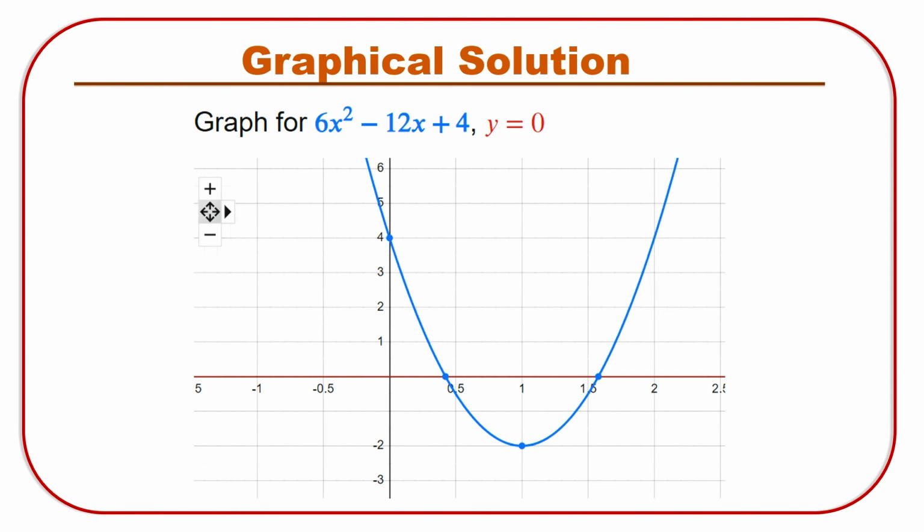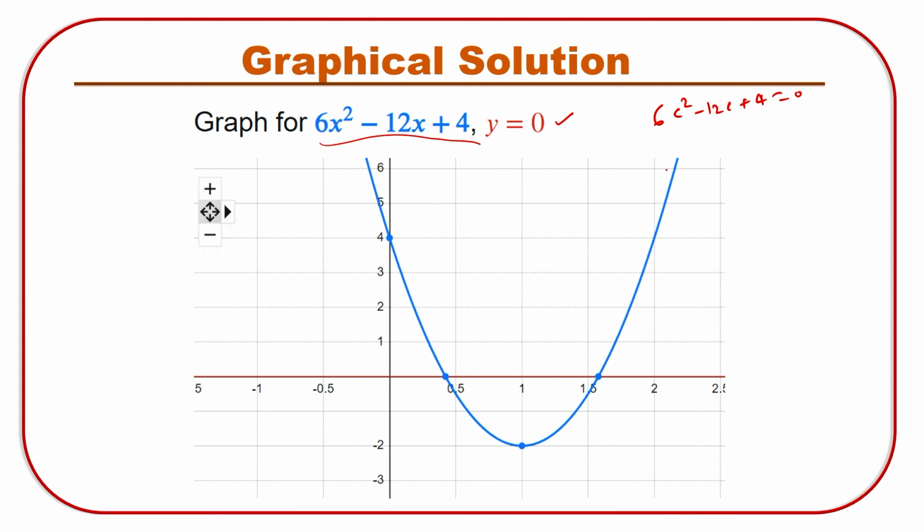Okay. So, we had already found the equation 6c square minus 12c plus 4 equal to 0. So, take c as x, and as you can see here, we have the graph for 6x square minus 12x plus 4 and y equal to 0.